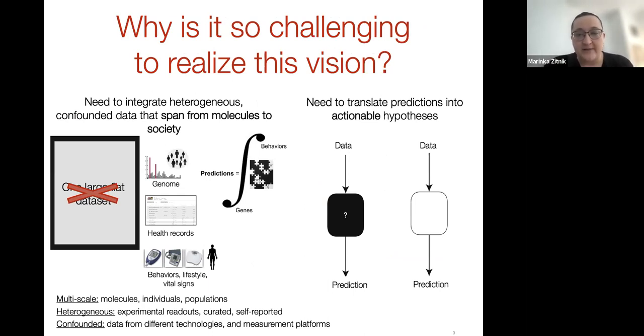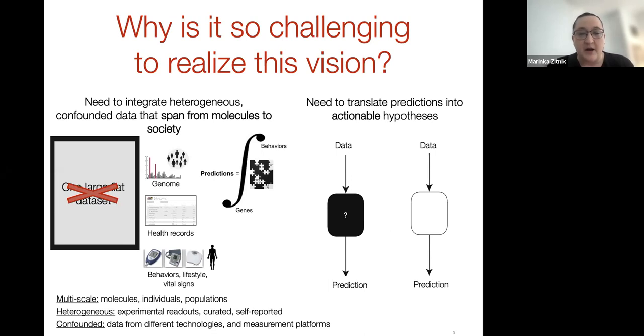There are several challenges that prevent us from realizing this vision, and I will mention two broad challenges today. The first is that for most scientific questions, in particular questions that arise in biology and medicine, there is no single data type that is sufficient to explain and model the complex phenomena that we are encountering, such as a disease or the way a drug would work in the human body.